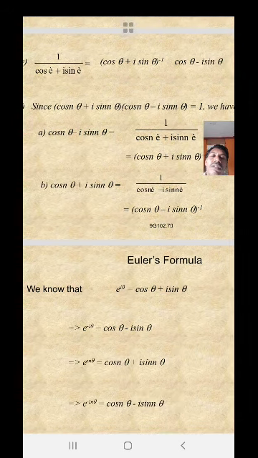Next, (b) cos nθ + i sin nθ = 1/(cos nθ − i sin nθ), that equals (cos nθ − i sin nθ)^(−1).